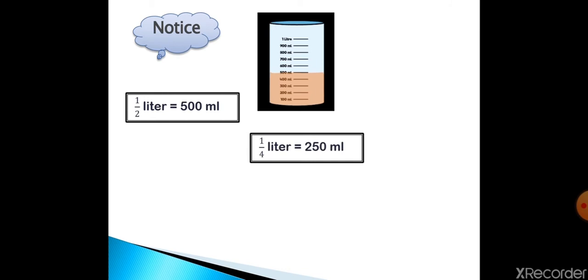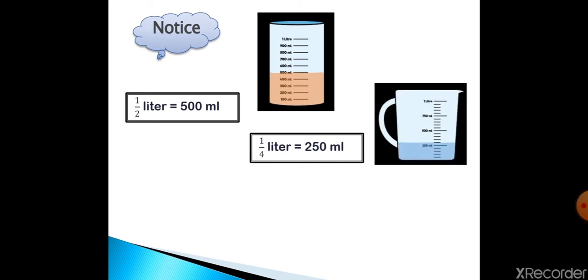That means 250 milliliters. And the 3/4 liter equals 3/4 of 1000, so it will equal 750 milliliters. The three fractions of a liter, half liter, quarter liter, and 3/4 liter, we should memorize well.